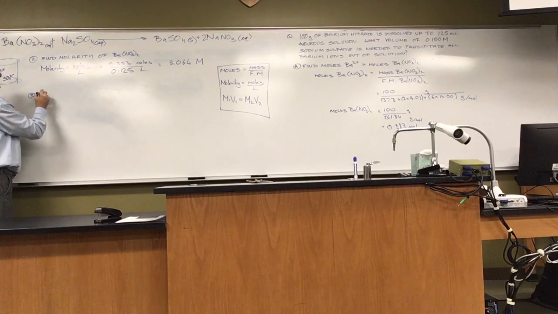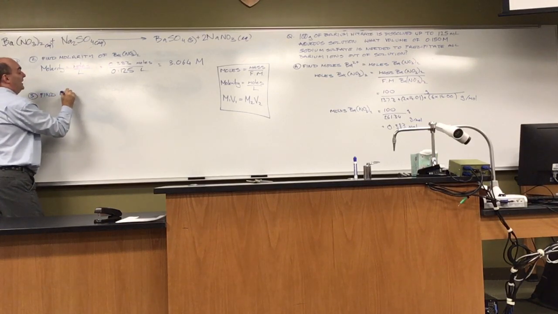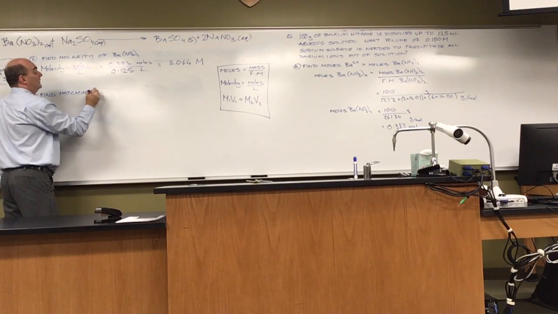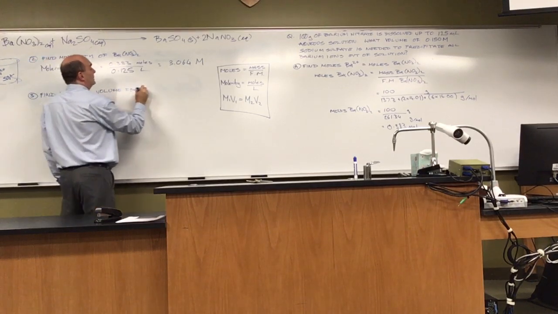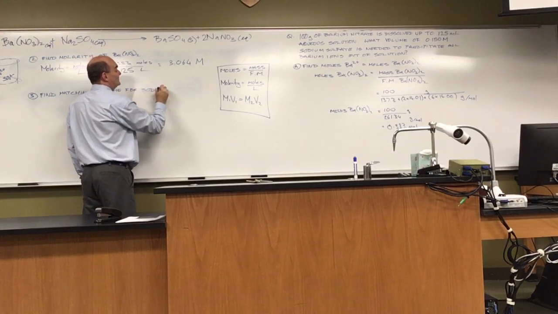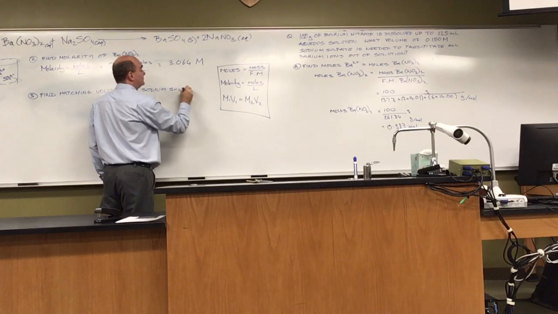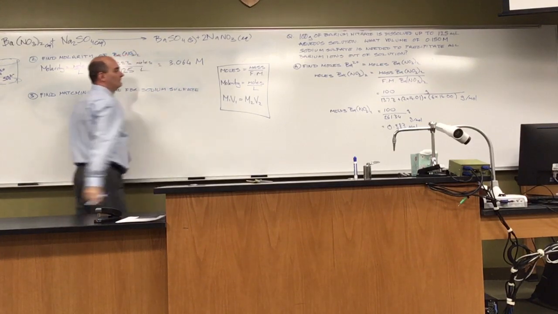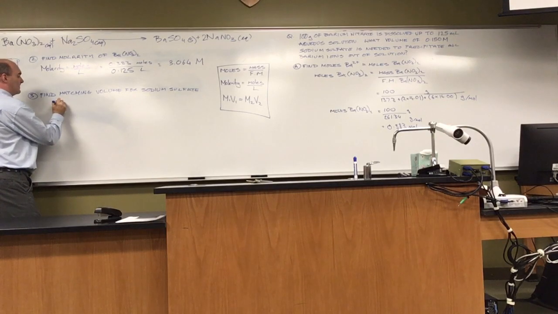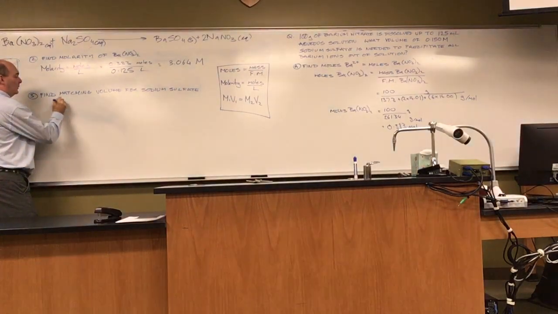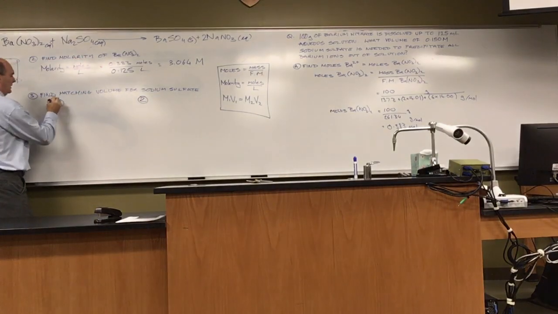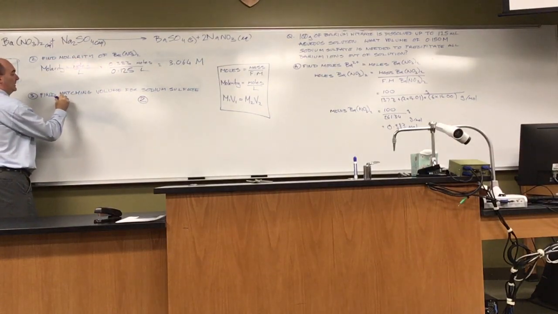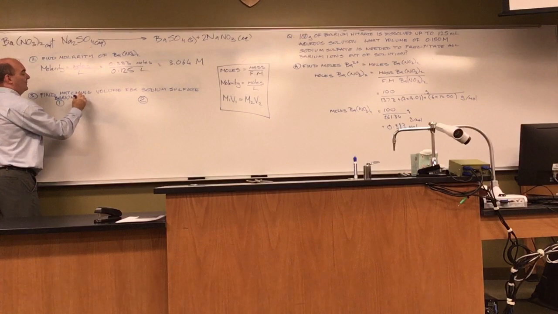Okay, part 3. Find the matching volume for sodium sulfate. Scenario 1 is going to be barium nitrate.